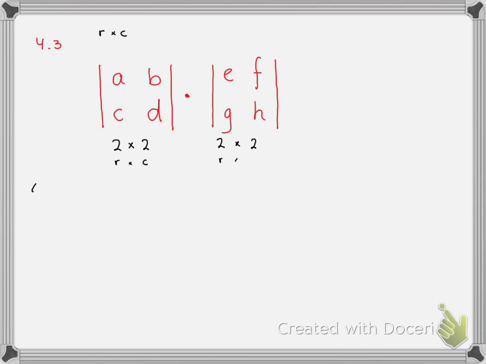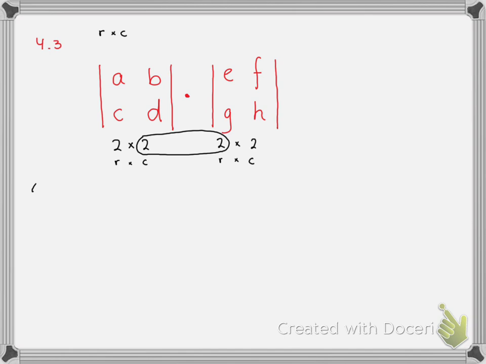The way you determine if multiplication is defined is if these 2 numbers right here are exactly the same, the column number from the one matrix and the row number from the other matrix. If those 2 numbers are the same, the multiplication is defined.